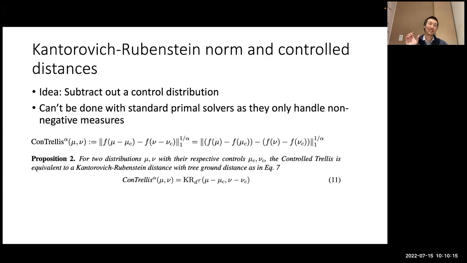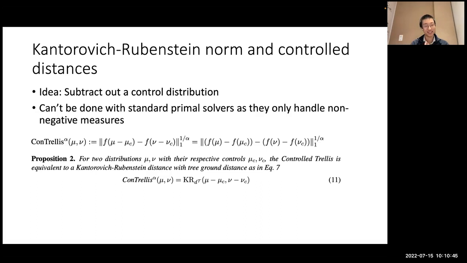But what's interesting here is that there's still a valid distance between these distributions, even though they have negative values in them because they sum to zero. And so we can actually just subtract the vectors. We embedded each distribution with a vector, and now we can subtract the control vector from each one and take the L1 distance. And it turns out that this has an interpretation as the Kantorovich-Rubinstein norm of the embedded vectors.